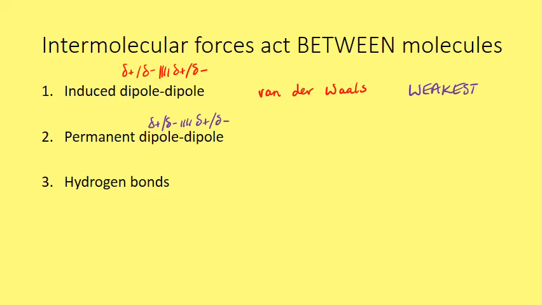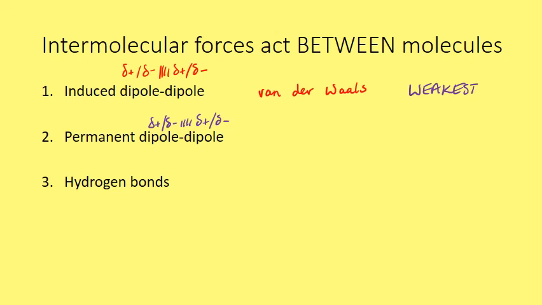And lastly, we have hydrogen bonds that only exist in certain molecules, and they exist because of the larger difference in electronegativity between either oxygen, usually, and hydrogen, as in water, or fluorine and hydrogen, as in hydrogen fluoride, and a couple other cases that we'll come across.